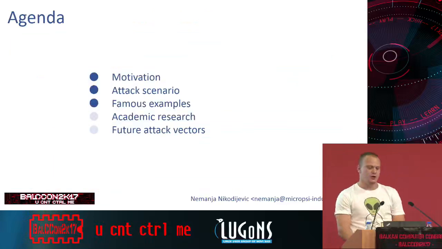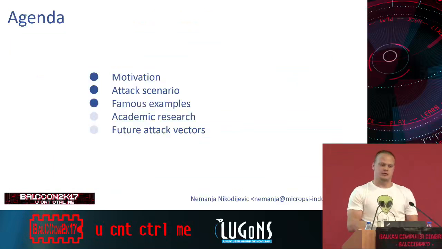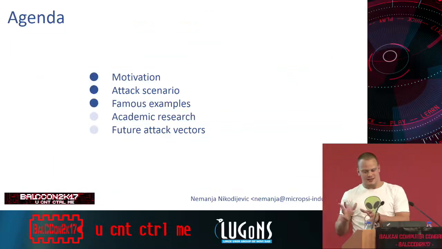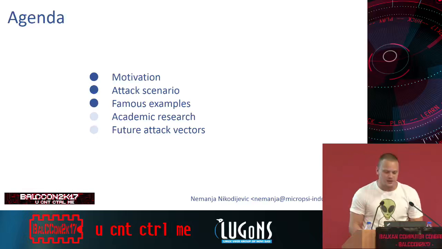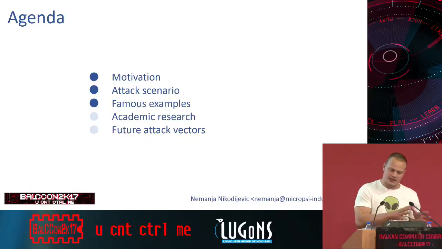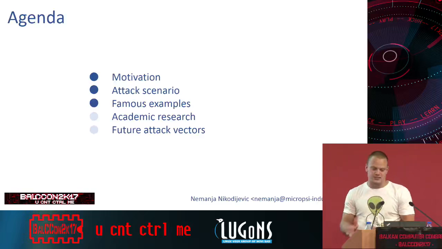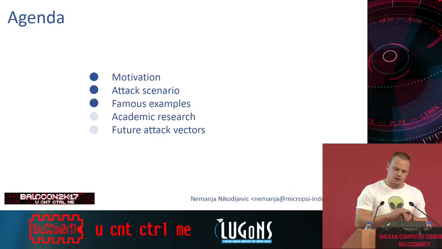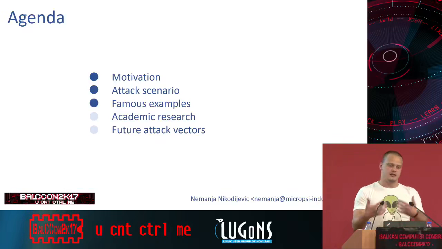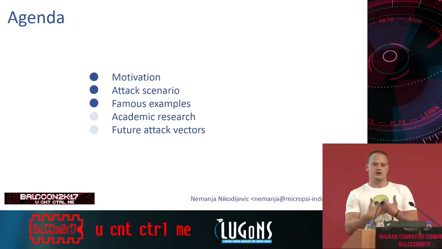Okay, now I'm gonna tell you how things work in the academic world. In the academic world, research papers usually are not focused on ways of exploiting the system, but rather on how to create a C&C channel and how to extract the data from the network.